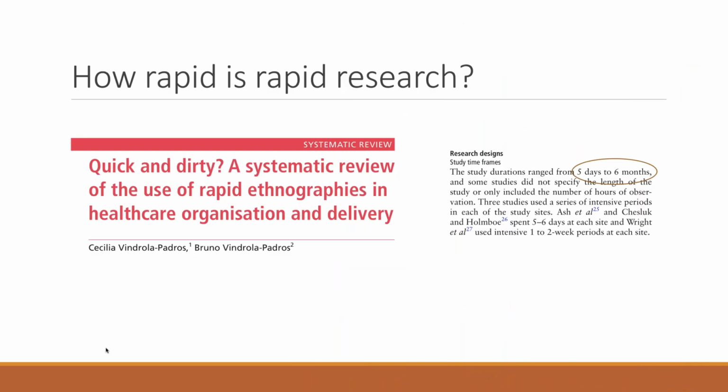But also in other reviews, for instance, this one where we've looked at the implementation of rapid ethnographies within the healthcare sector, you see a slightly longer duration of studies, anywhere from 5 days to 6 months, but still quite a bit of variability. So definitely an area of future exploration, and something that potentially as a community we might need to start thinking about in terms of what do we mean by rapid, and being able to define that if helpful in some shape or form, right?